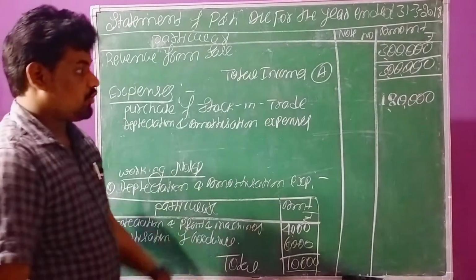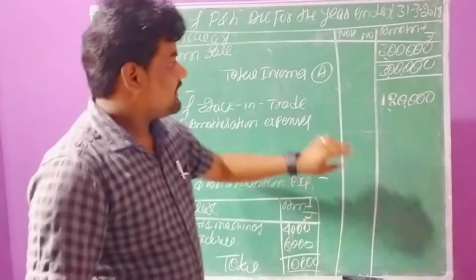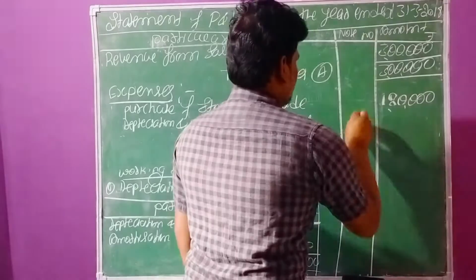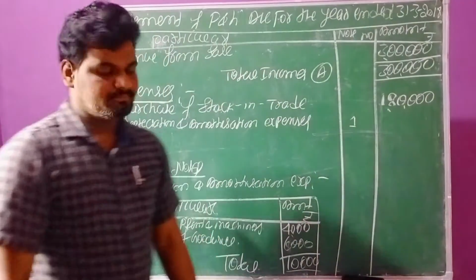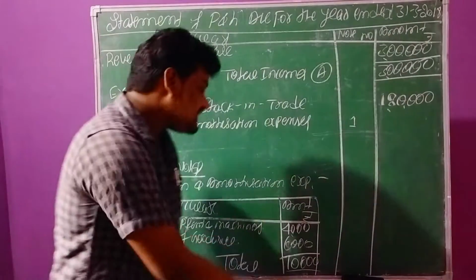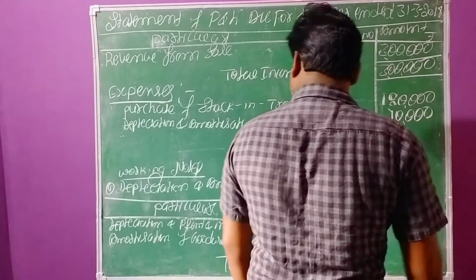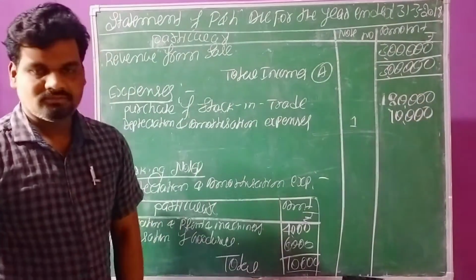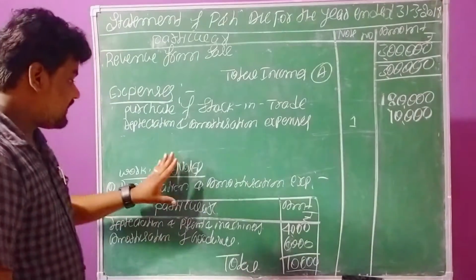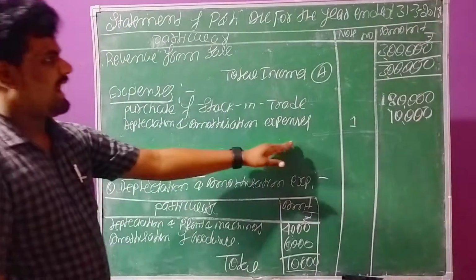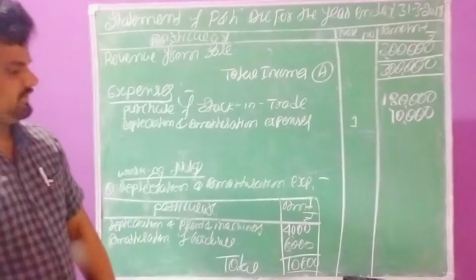In that note column we need to take working note number 1. The amount is already written here as rupees 10,000. These working notes we need to record on a separate page, no need to write in this format.